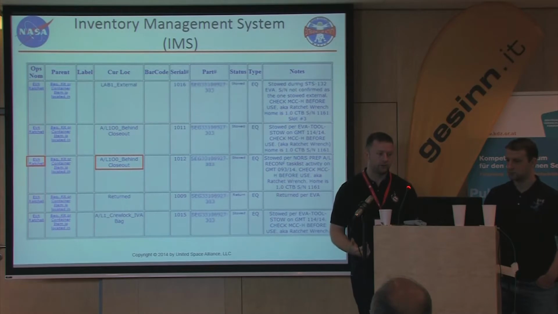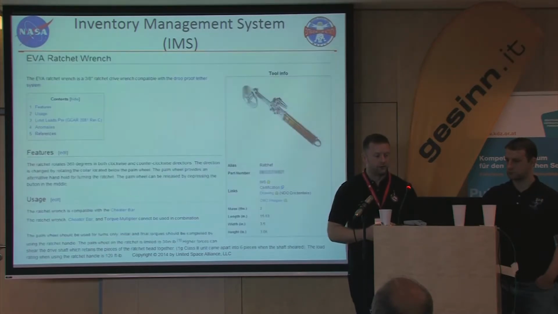There's another feature, a simple web page search where you can just search for a string and it'll return some results. So this is an example of what you might get if you search for EVA ratchet. In our wiki, this is a page for the EVA ratchet wrench, fancy space version of a ratchet wrench.